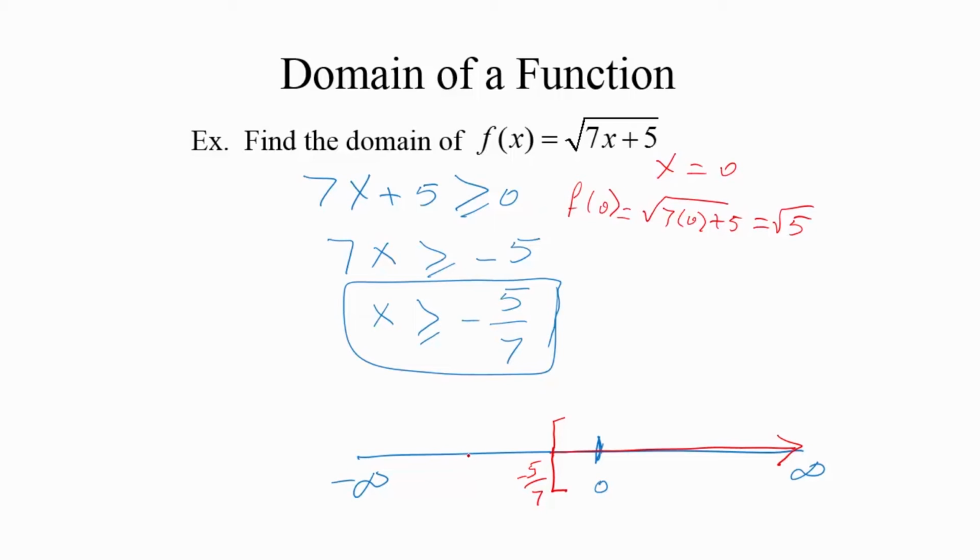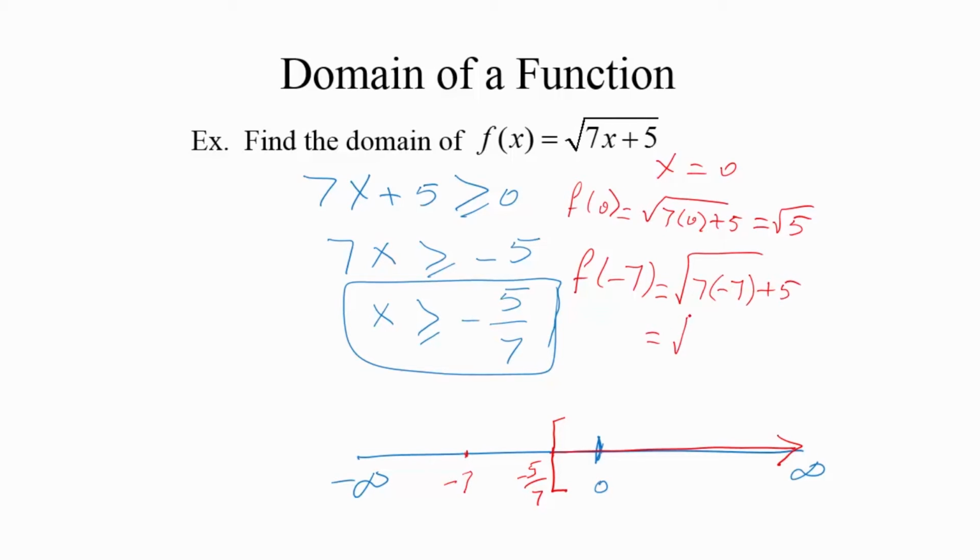But anything less than minus 5/7 is not part of the answer, right? Let's say it is minus 7. So here would be f of minus 7 equals square root of 7 times minus 7 plus 5.